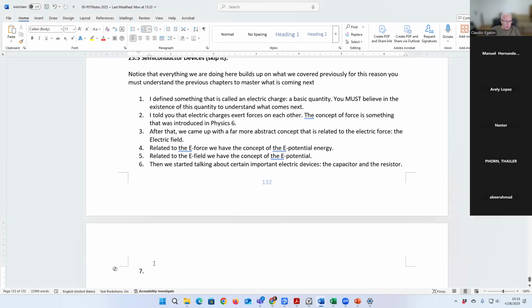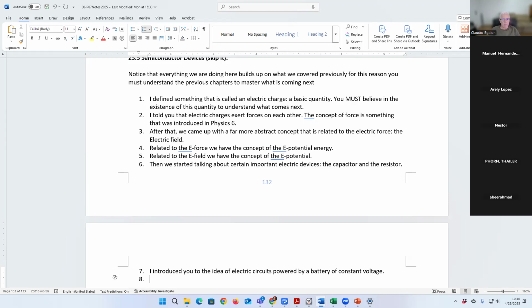And then I introduced you to the idea of electric circuits powered by a battery of constant voltage.